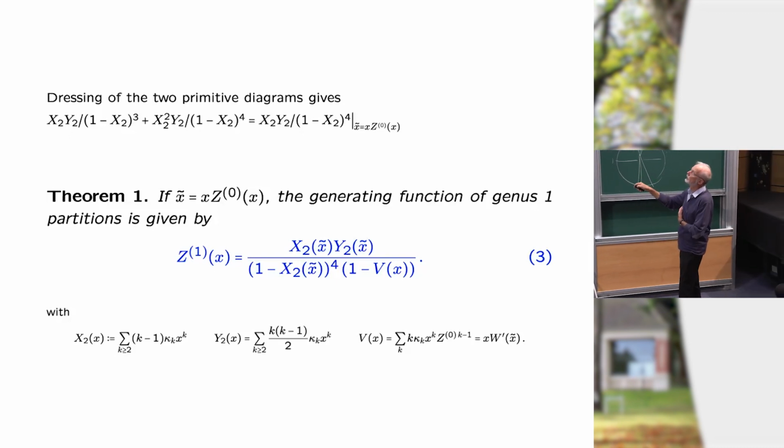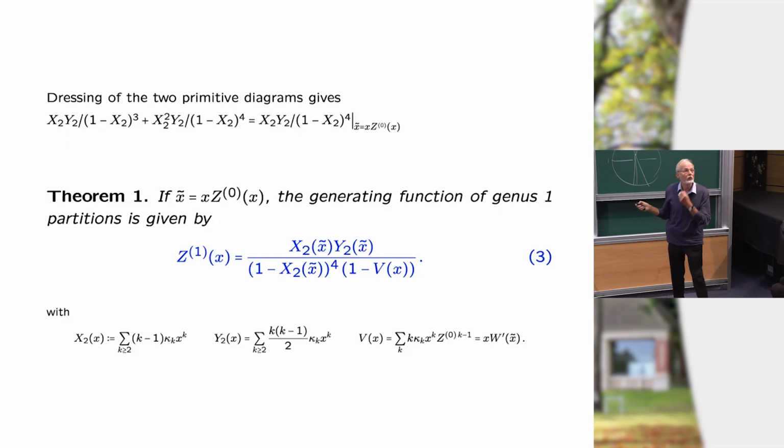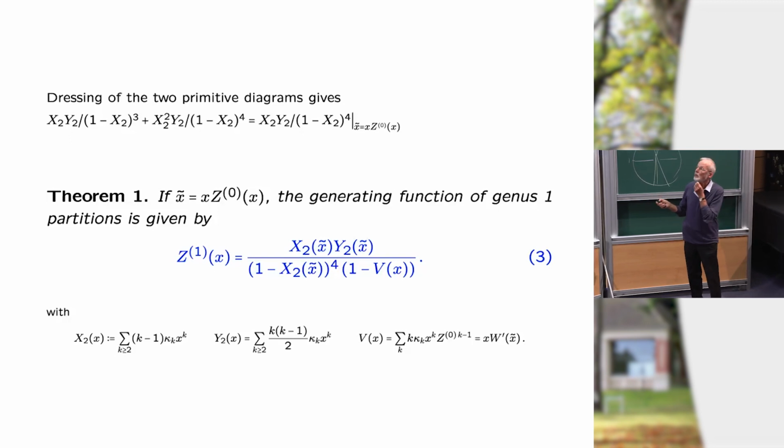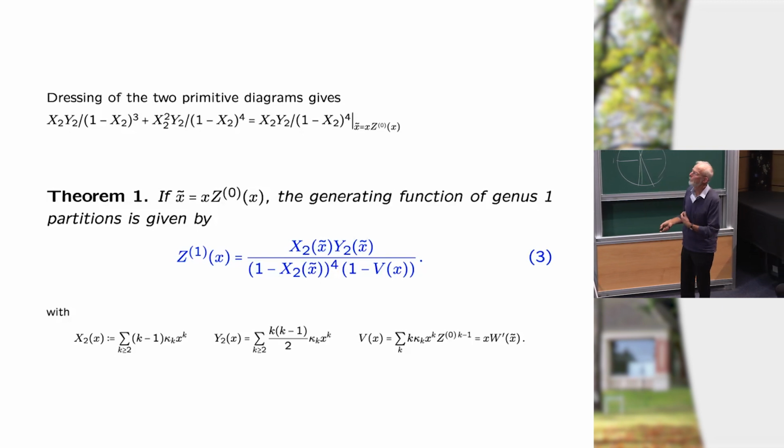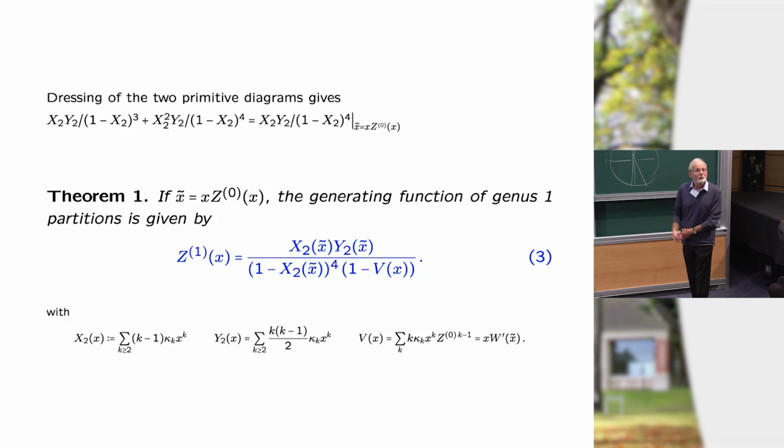And finally, you find this expression for the generating function of genus 1 partitions. Okay? Did you follow? If you say yes, I won't believe you.